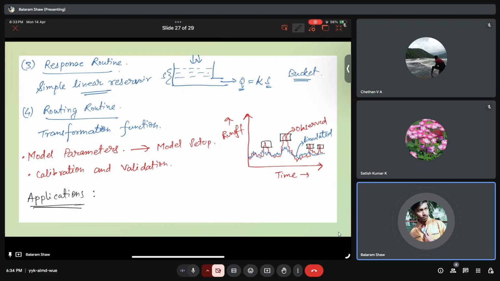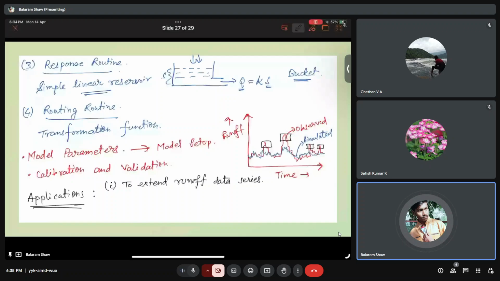So what are the applications of a hydrological model, or of this HBV? After you validate the runoff, you can use it to generate or extend the runoff data series. You can do future forecasting or prediction of the runoff for, let's say, some years. Or you can fill the data gaps that you have.